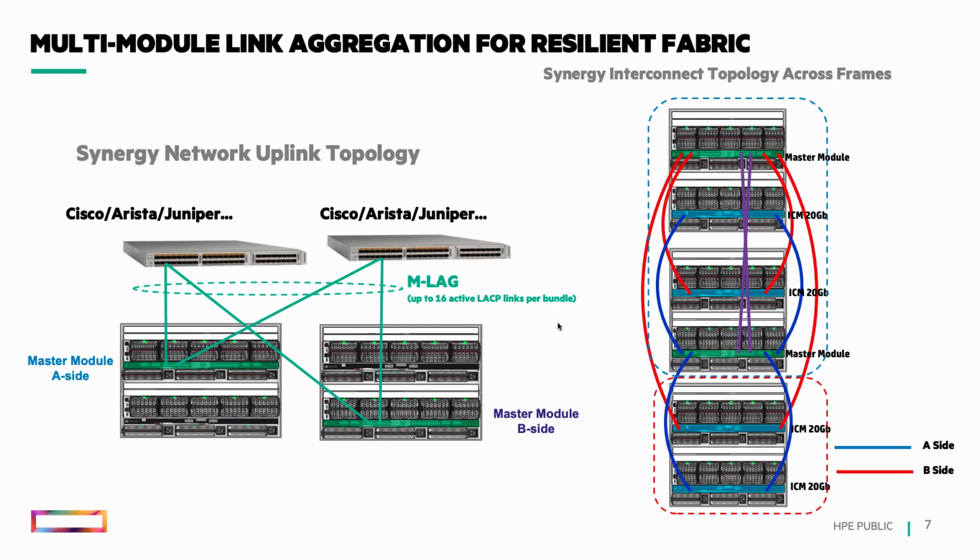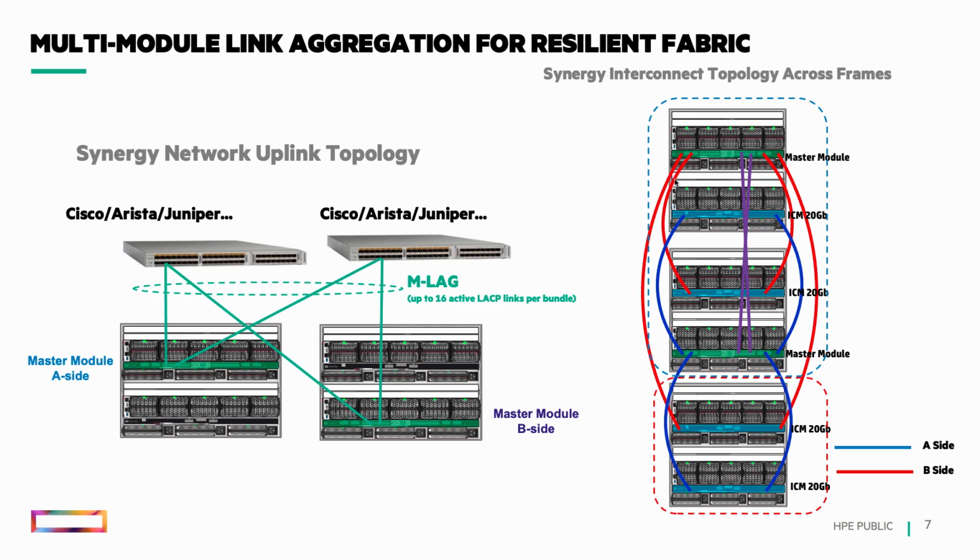On the right side, you can see the blue, red and purple colors. The purple color is for the interconnect, the clustering ports. In Cisco terms, it's more like a VPC peer link. We don't connect these two ports to ACI. This is between the two Synergy Virtual Connect master modules.